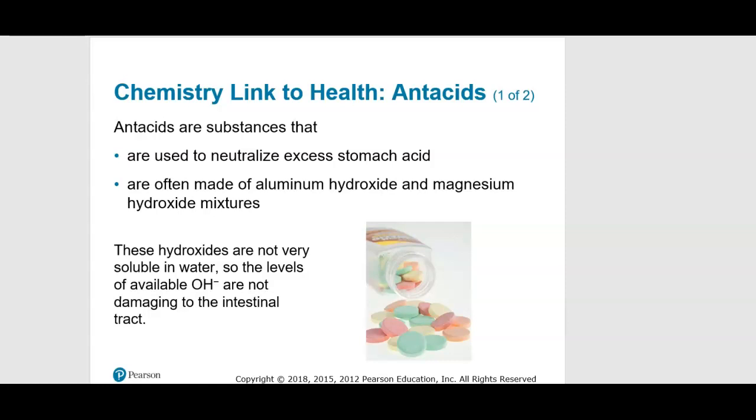They're not very soluble in water, for good reason, because hydroxides are very strong bases. Sodium hydroxide would work as an antacid, but you don't want to ingest sodium hydroxide. It would be a bad thing. So you take aluminum hydroxide, magnesium hydroxide, they don't really dissolve in water all that well, so they're not going to damage the stomach or the intestinal tract.